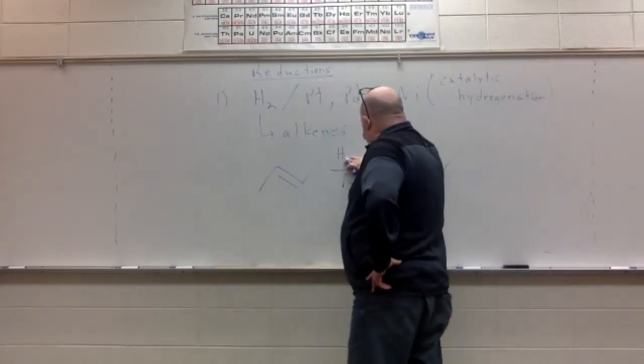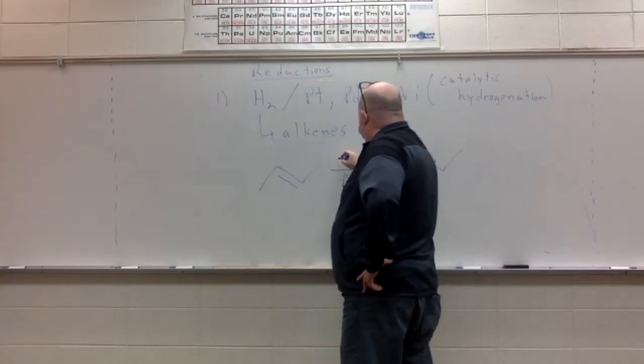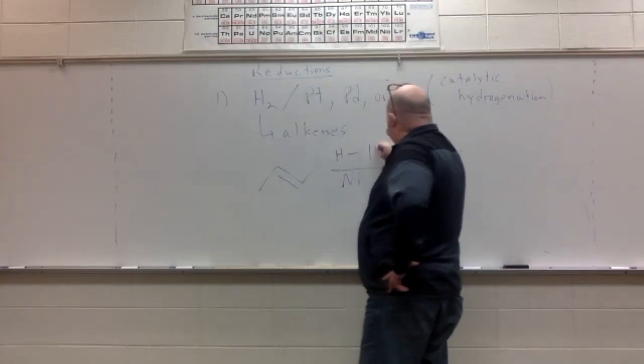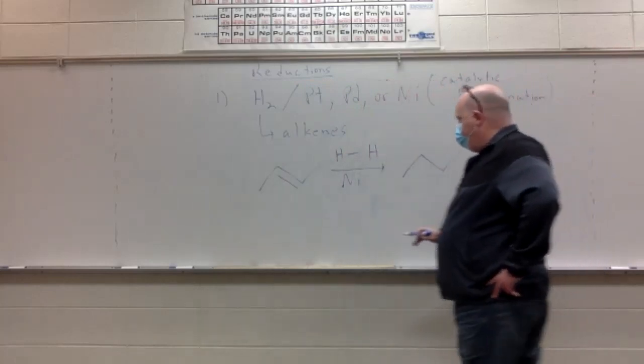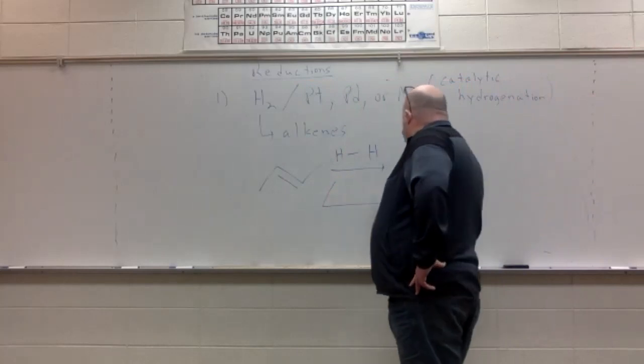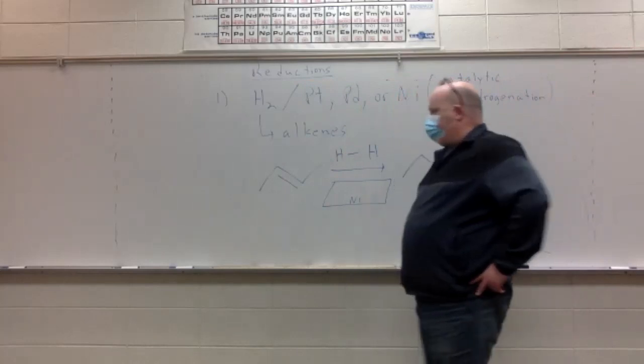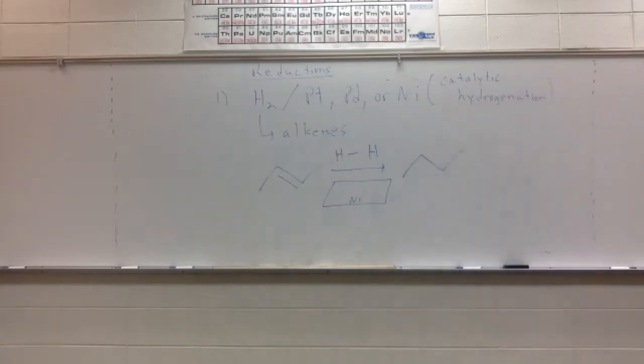All right, so what I'm going to do, I'm going to redraw this like that. And for the nickel, I'm going to draw this little surface. We'll just label it nickel over there. This little parallelogram that I just drew represents the surface of the nickel catalyst.